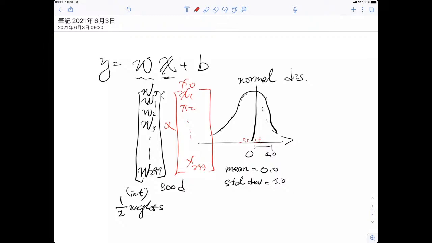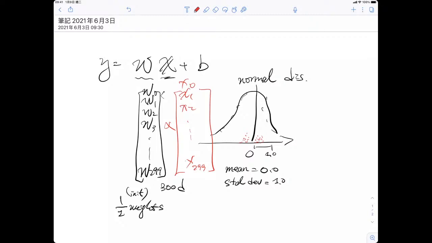Your weights are randomly chosen from a normal distribution, so a lot of randomly chosen weights will be close to 0. So maybe that is one of the reasons that initially your information, x0 to x299, does not pass to the right hand side.